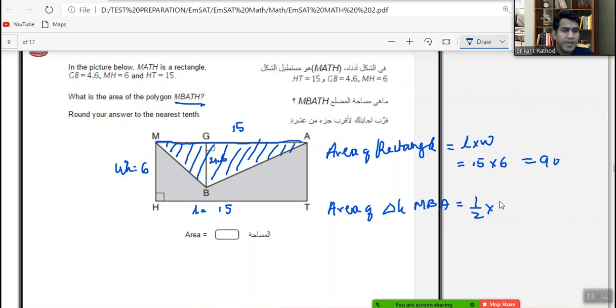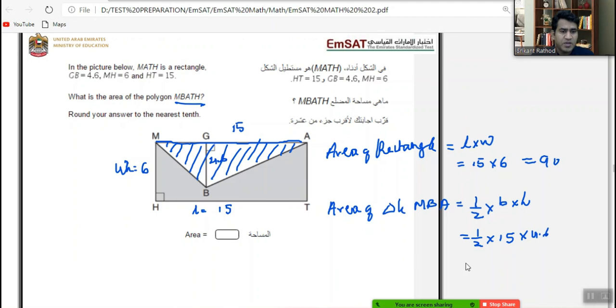So half into base into height, that is the formula. Base is 15, that is MA, and the height is GB, which is 4.6. So 15 times 4.6 divided by 2, just using a calculator, we get 34.5.